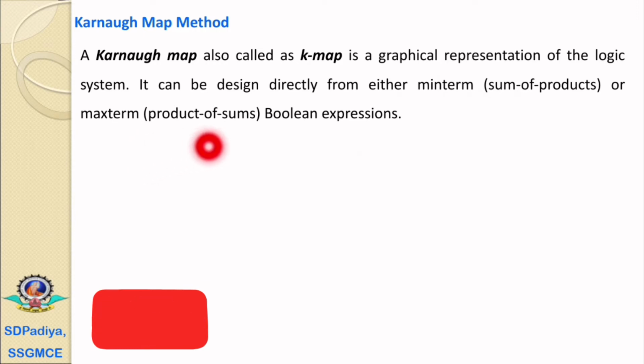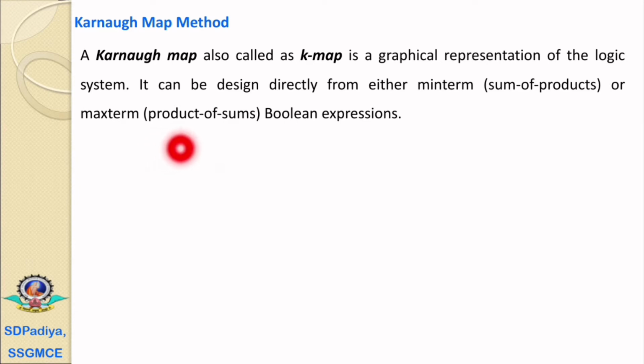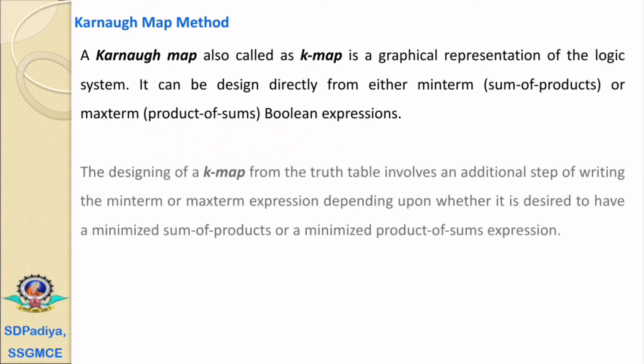Maxterm means a sum, therefore maxterm means it is a product of sums Boolean expression. The designing of a K-map from the truth table involves an additional step of writing the minterm or the maxterm expression, depending upon whether it is desired to have a minimized sum of products or a minimized product of sums expression.